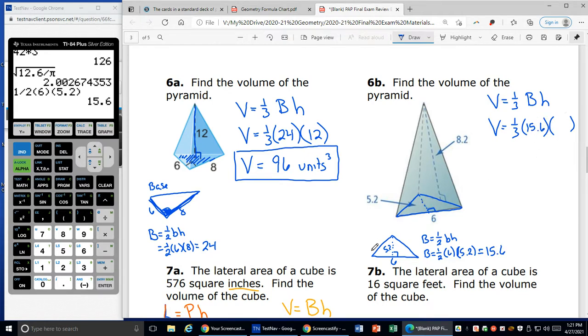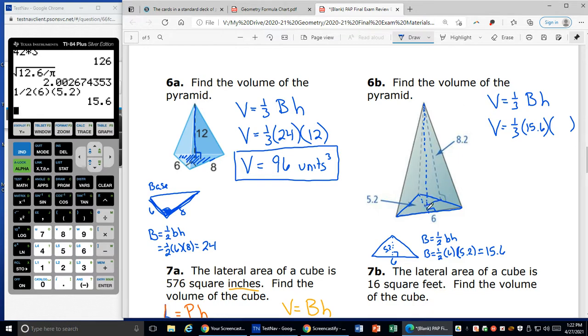The height here is different from the height there. Notice the height here was 5.2, but this height in my volume formula is the height of the pyramid, okay? Now on this one, my height of my pyramid is going to be straight down and then out.